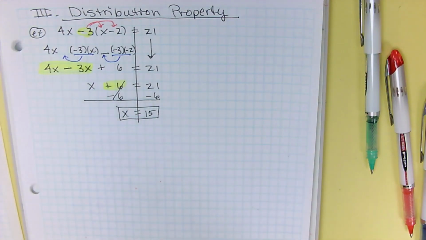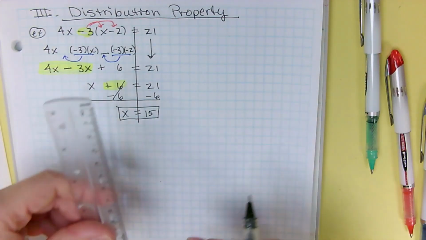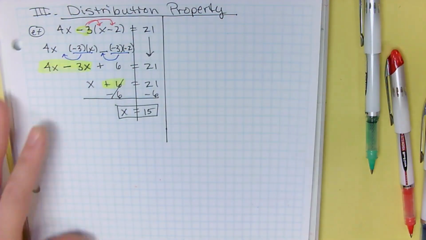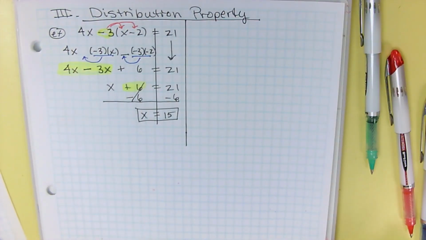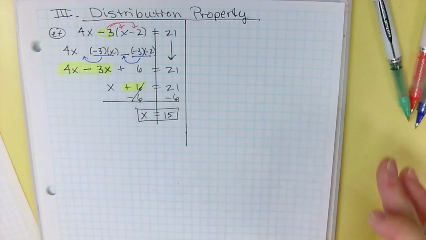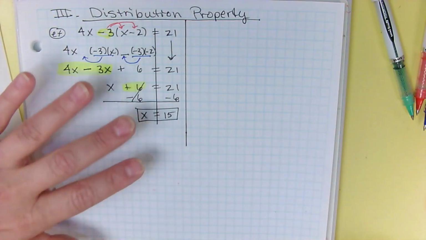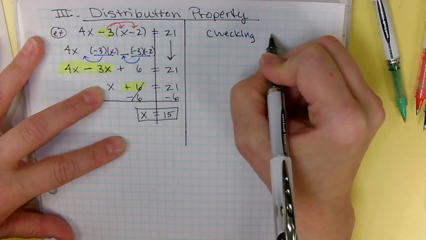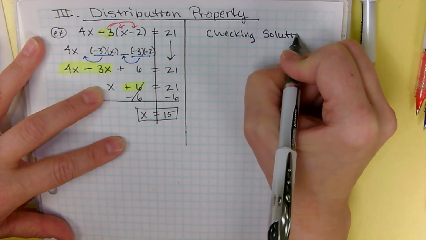Okay, there's going to be a couple questions, not a lot of them, where they want you to check your solution. So we're going to review how to check a solution. We've already done this when we did evaluating. That's what you do when you check a solution. So over here, write checking solutions.